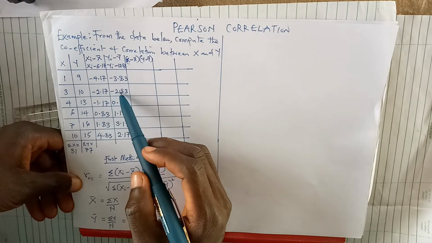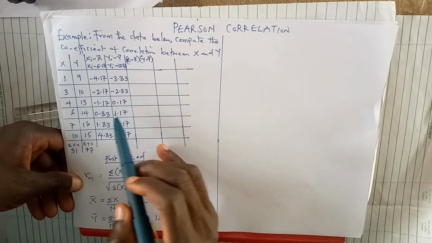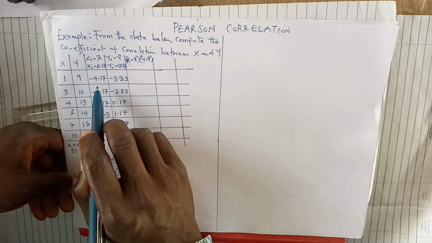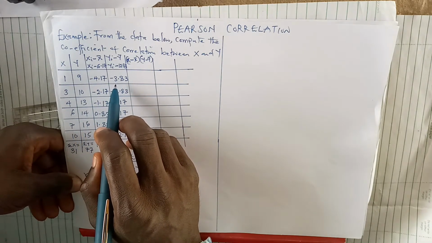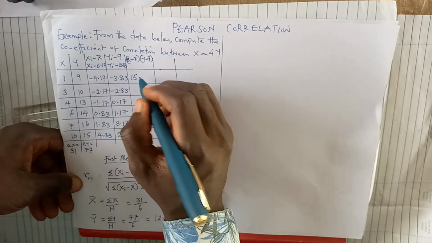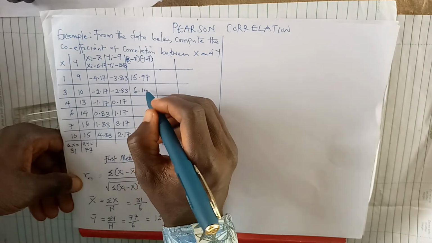This multiplied by this box will give us this. This multiplied by this will give us this. This multiplied by this will give us this. So let's see. Minus 4.17 multiplied by minus 3.83 will give us 15.97. Here we're going to have 6.14.